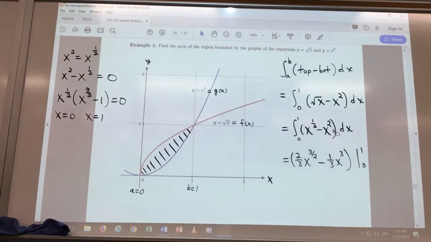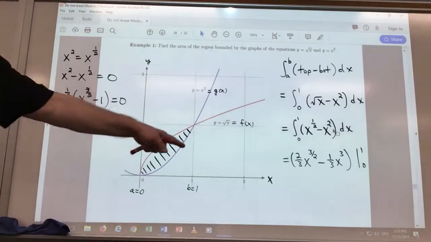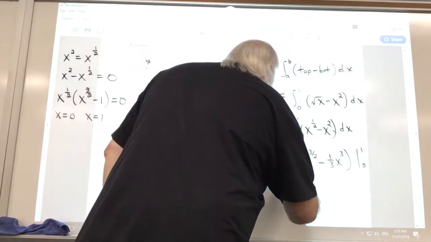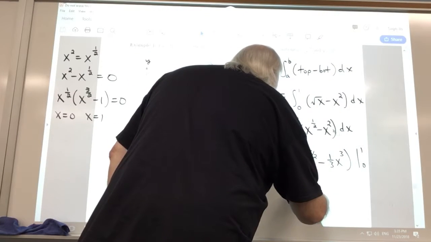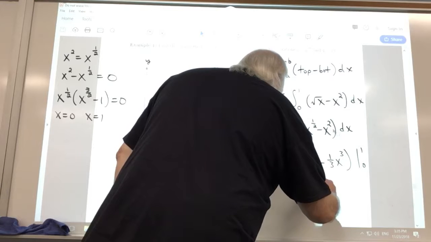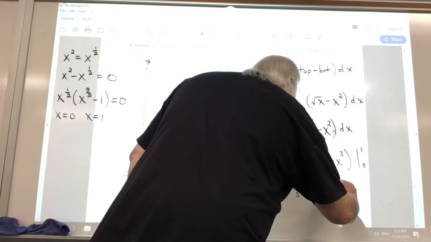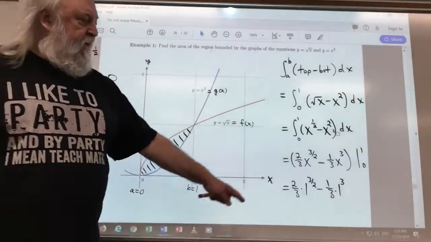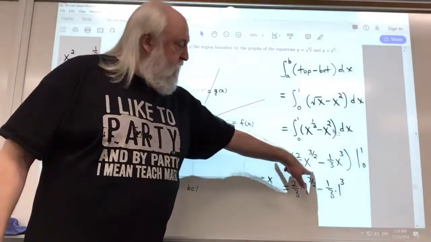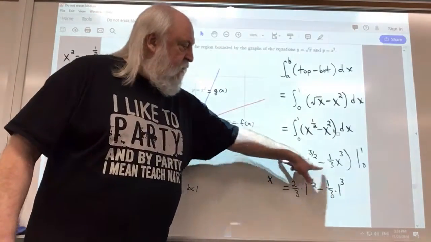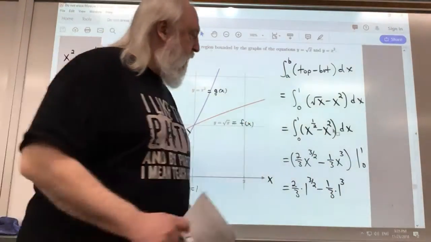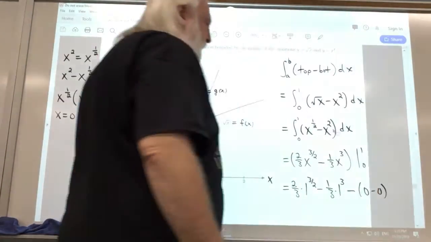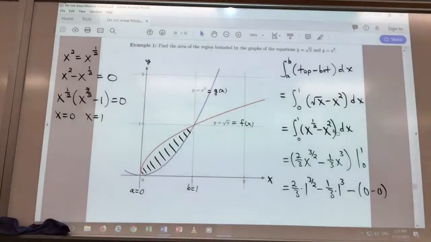Now you plug in the upper limit of integration: you plug in 1 for x, and we have 2/3 times 1 to the 3/2 minus 1/3 times 1 cubed. Then you subtract, and you put in 0 for x. Each of these terms is going to equal 0 when you put in 0 for x, so we have minus 0 minus 0 in parentheses, which doesn't add anything.